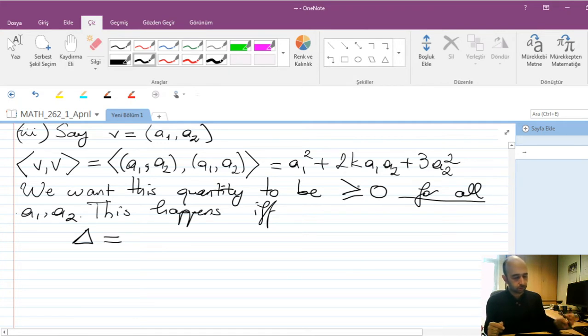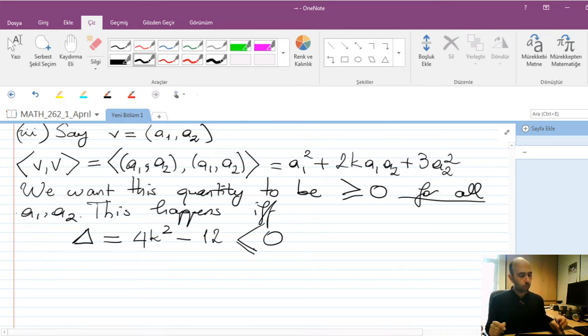It's the middle coefficient squared, k squared, minus 4 times the first coefficient and the last coefficient, which is 3. This should be negative. Now, I'm sorry, I wrote greater than or equal to 0, so I have to write here less than or equal, but I have to make some correction about equal a little bit later.